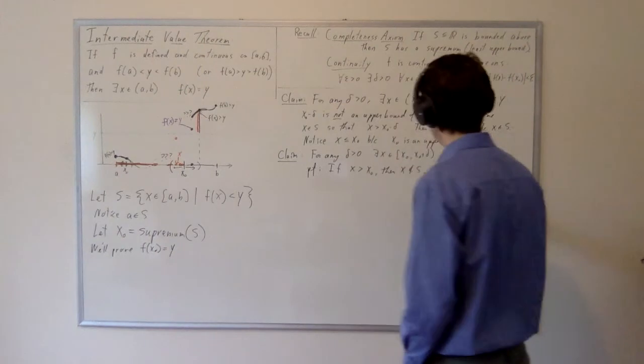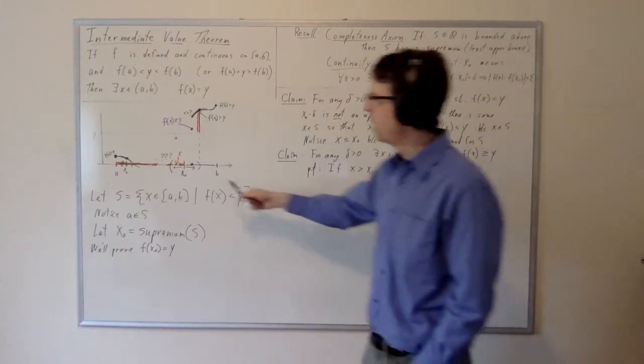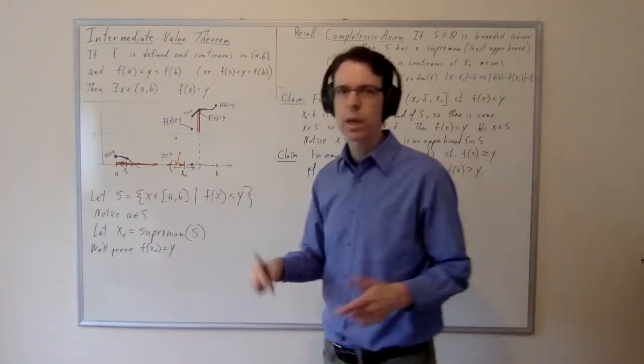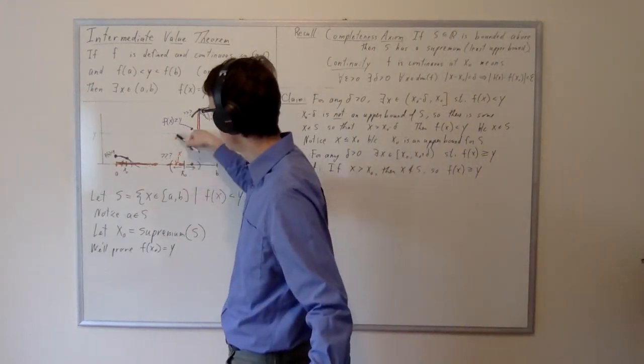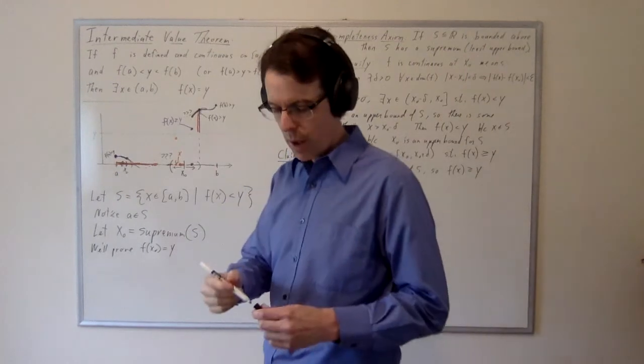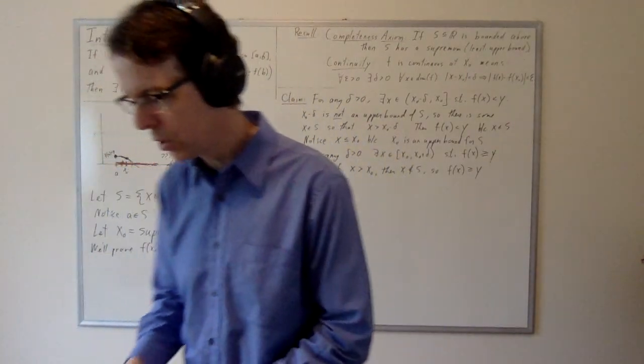So we get x values greater than or equal to y on the right, and we get some x values anyway, f of x less than or equal to y, on the left. So x naught is kind of special, but not yet special enough.